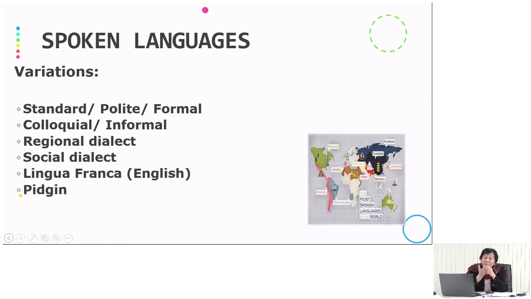For example, in Thailand, we have 4 main regional dialects spoken. One is the northern dialect. So people around Chiang Mai, Chiang Rai, down to Phrae, they speak that language we call the northern dialect. You see?